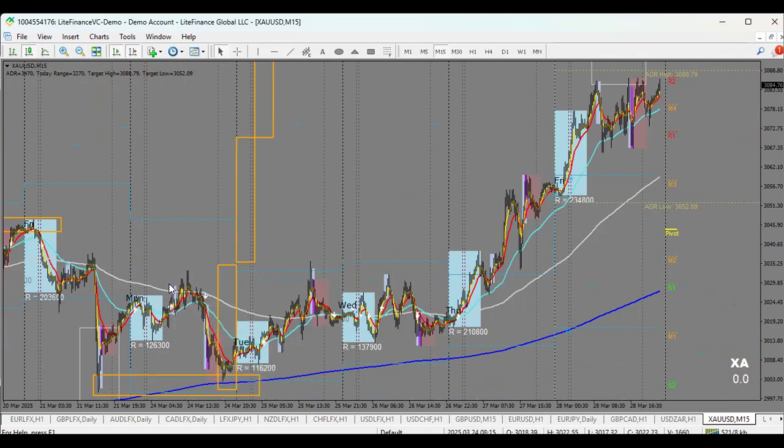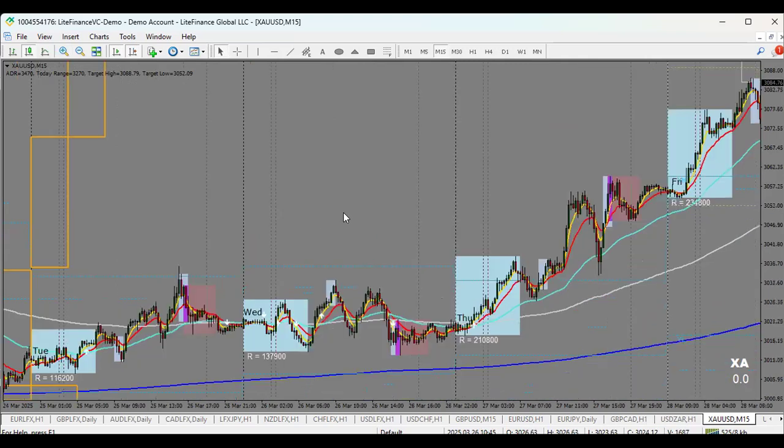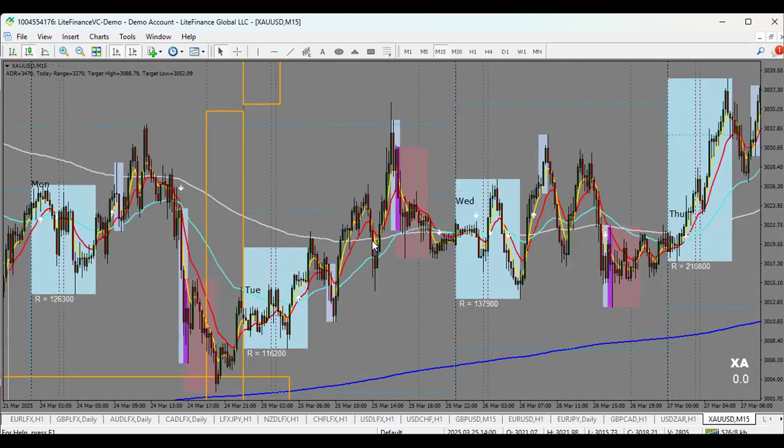So it created a false move going down, and then the movement started on Tuesday. If you look at the type of entries that we have, gold had offered us an entry around this. So on Tuesday, these were two entries on gold.